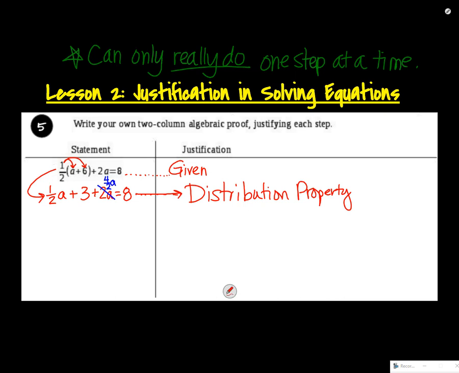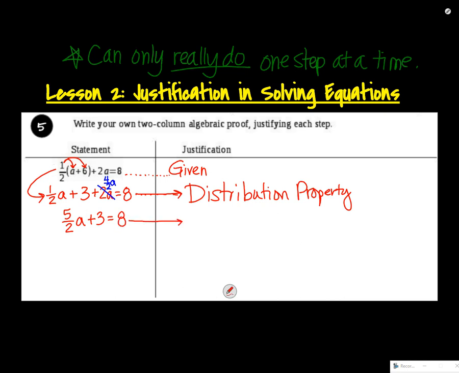All right, so now I changed my fraction to a 4 over 2a so that I can combine it with 1/2 a. 1/2 a plus 4 over 2a. 1 plus 4 is 5, so this is 5 over 2a plus 3 equals 8. Now, what did I do?